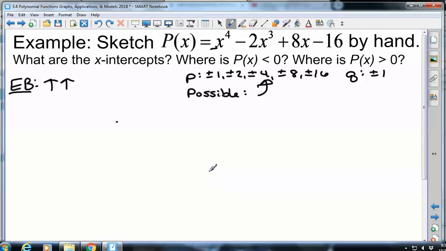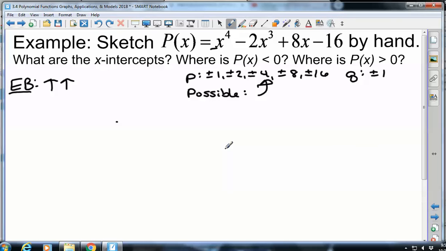All the P values. Okay. Now what do we do? Yeah, find one that works. Find one that makes it 0, or looking at a graph, where does it touch the x-axis? What works? You guys can find it.